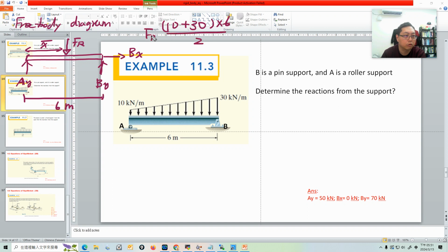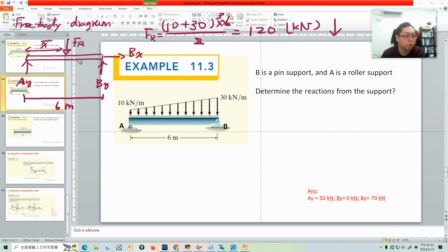That's your resultant force, which will be 120 kilonewtons, and we note its direction is pointing downward.